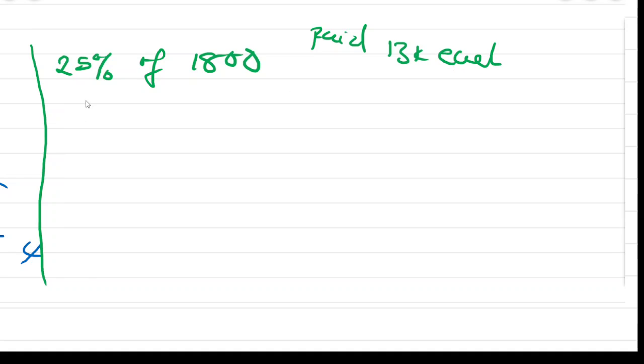So this 25% is 25/100 multiplied by 1,800. Two zeros cancel out. That means we do 25 times 18.